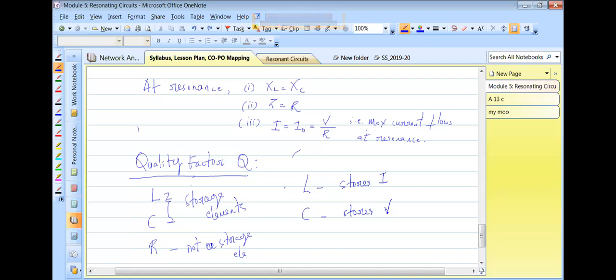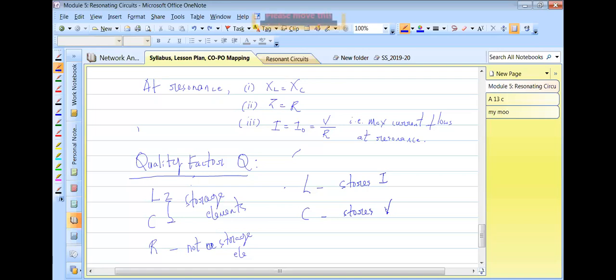It is checking how good the storage elements are. This quality factor is a number. If it is large, it means that the quality is good. That means the storage elements are storing the maximum parameters: L is storing maximum I and C is storing maximum V.